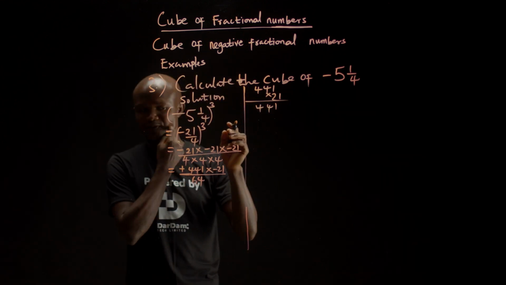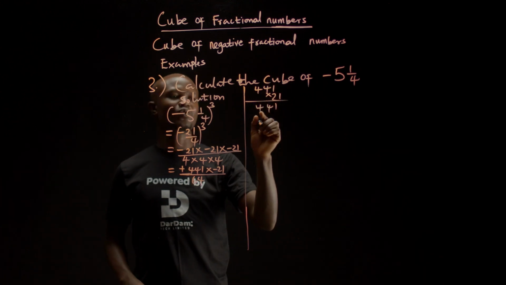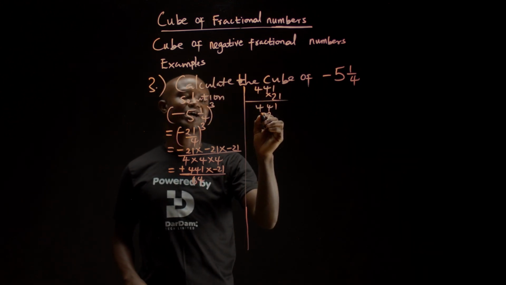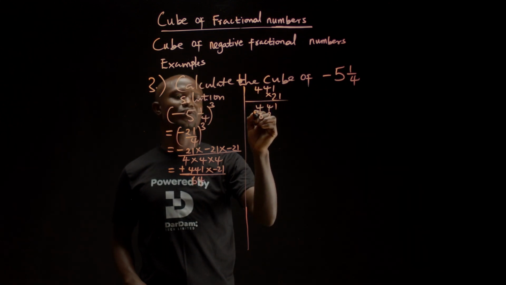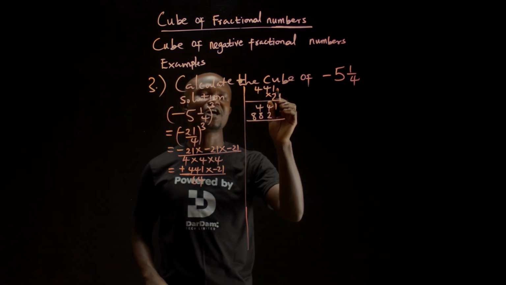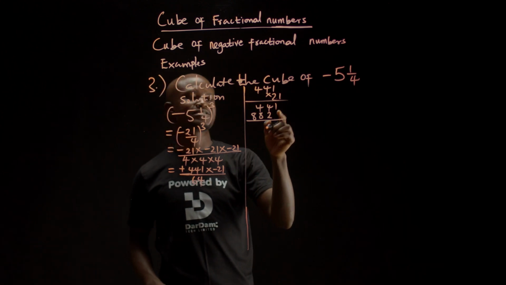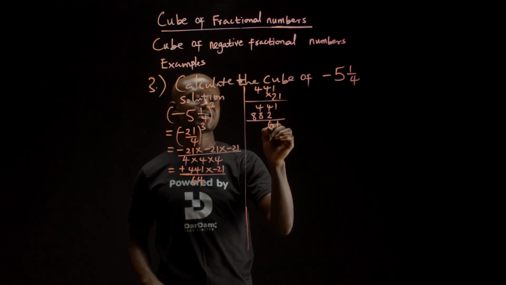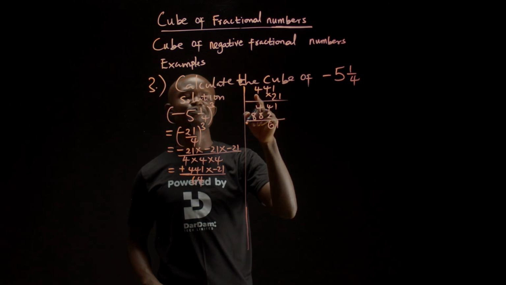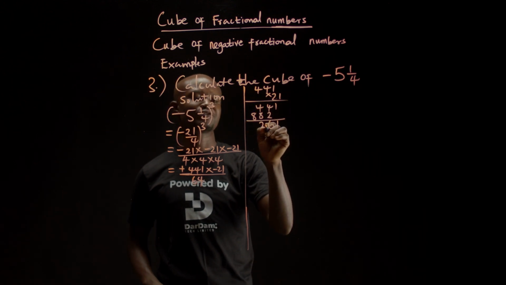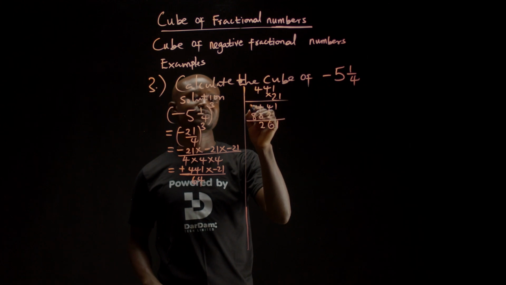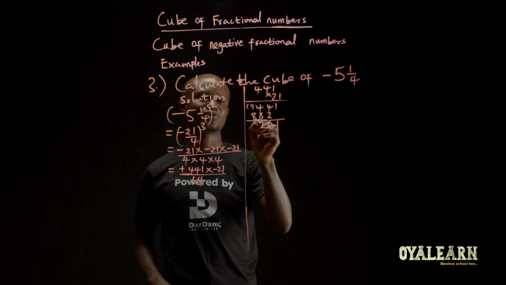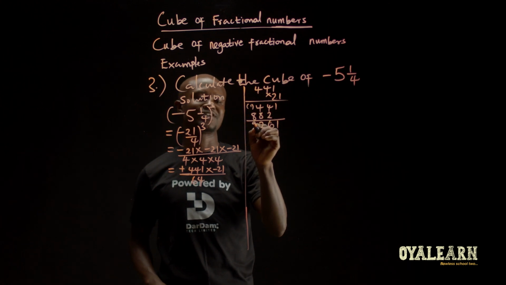Now we use 2. 2 times 1 is 2, then 2 times 4 is 8, and 2 times 4 is 8. So we have 1, then 2 plus 4 is 6, then 8 plus 4 is 12. We write 2 and carry 1, so 8 plus 1 is 9.